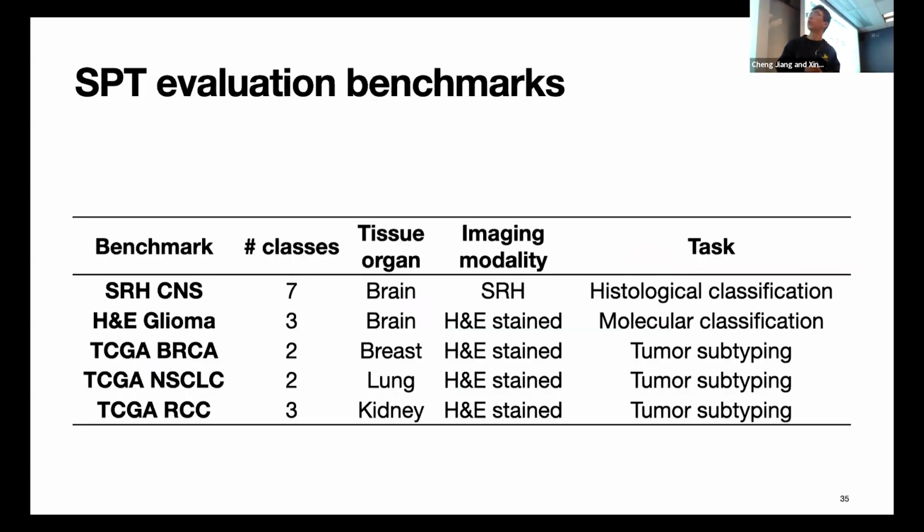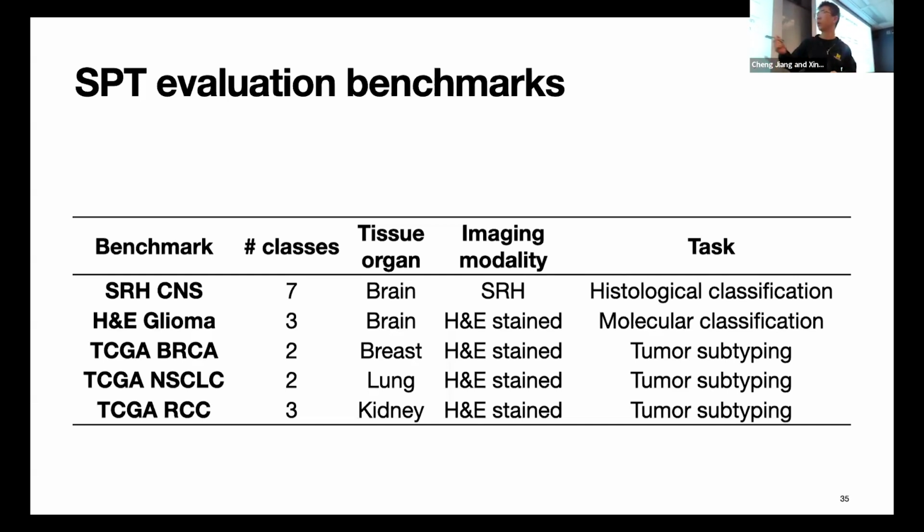Okay, so for the evaluation benchmarks, we have 5 different benchmarks and 4 different tumor types. There are 2 image modalities, both SRH and H&E, and 3 different classes. For the SRH, we do the histological classification. There are 7 classes.